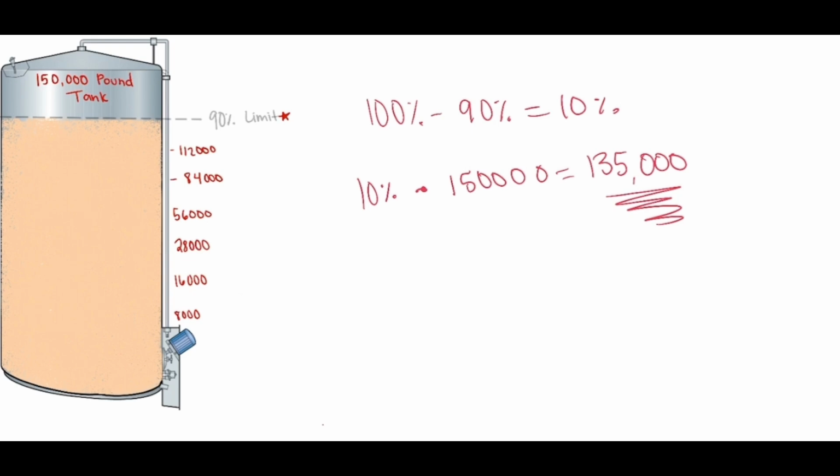So next we will do 150,000 by 82.2%. 82.2% came from the directions that the worker has to know. This is how much the company requests the tank be filled up to.